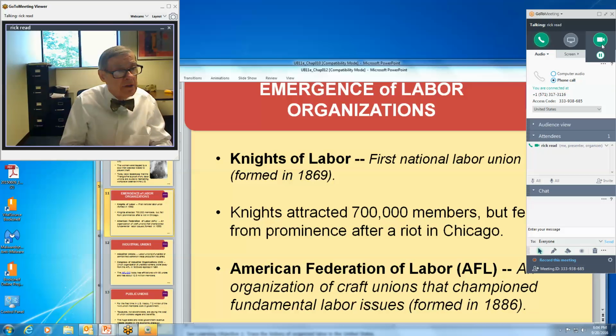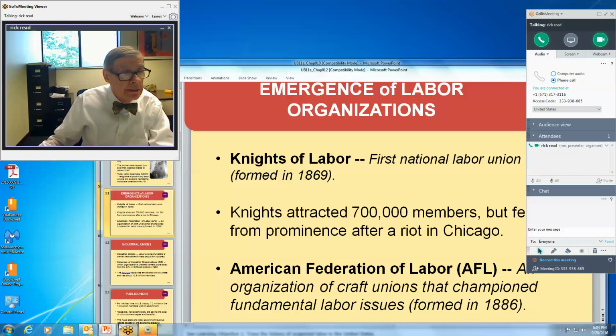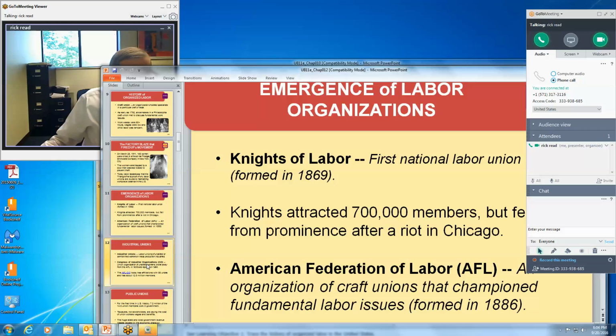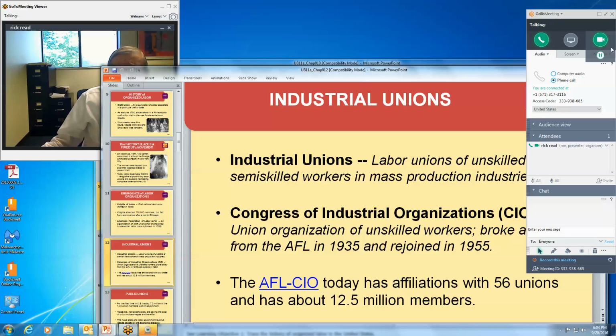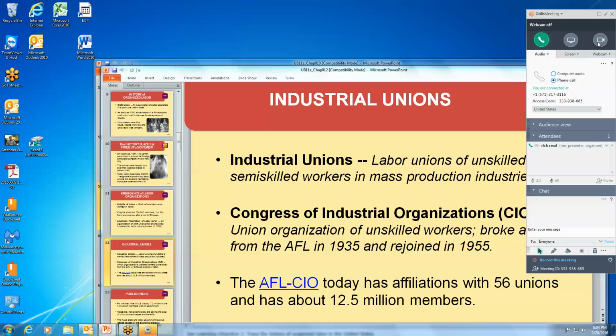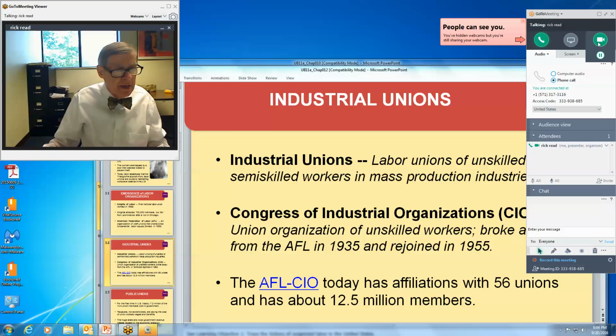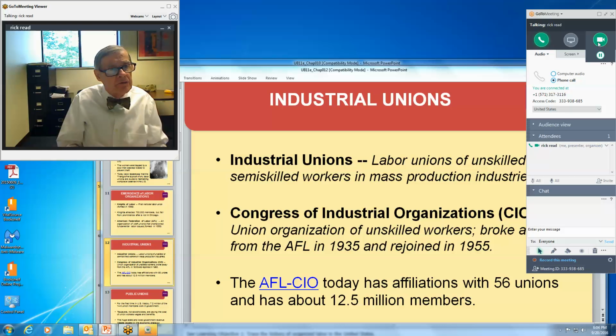Not too long after that, we had the rise of the American Federation of Labor, or AFL, which was founded by Samuel Gompers in 1886. By the way, the AFL were skilled workers and craft people. Then we have the industrial unions, unskilled and semi-skilled workers such as coal miners, automotive, the United Auto Workers, Teamsters unions, and things of that nature.